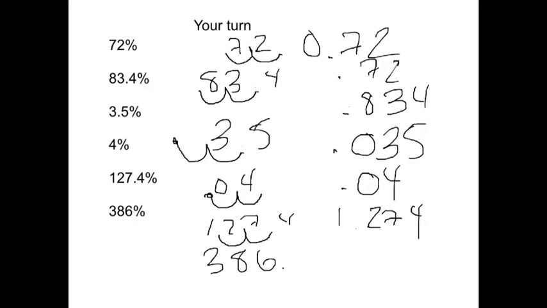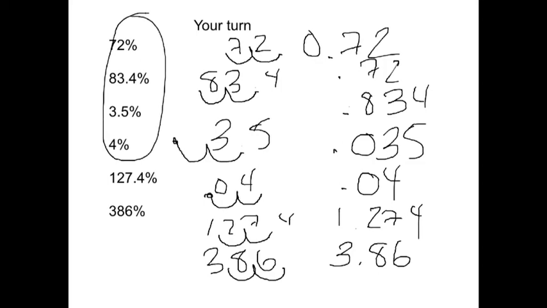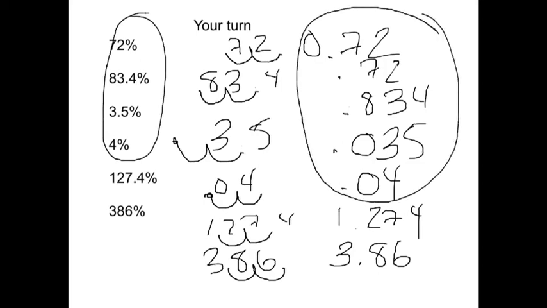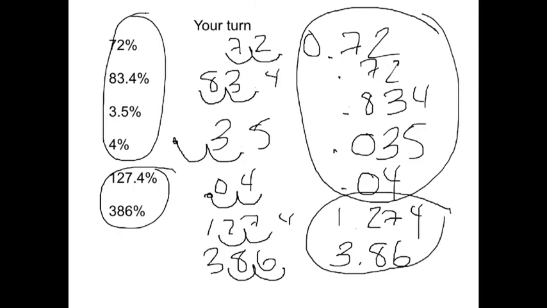Replace the percent with a decimal. Move it 2 places. 3.86. Notice, percents that are less than 100% are going to convert to decimals that are less than 1 whole. Percents that are greater than 100% are going to convert to decimals that are greater than 1.